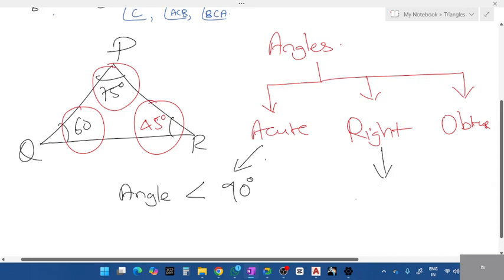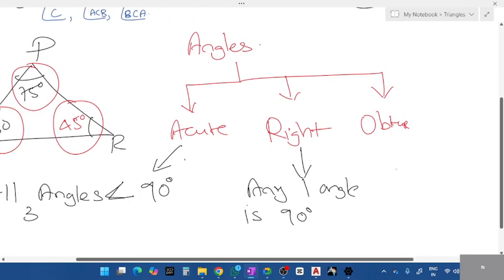Okay, what is a right angle, students? When we talk about an acute angle, all three angles should be less than 90. What about a right angle? Any one angle should be equal to 90 degrees. What about obtuse?